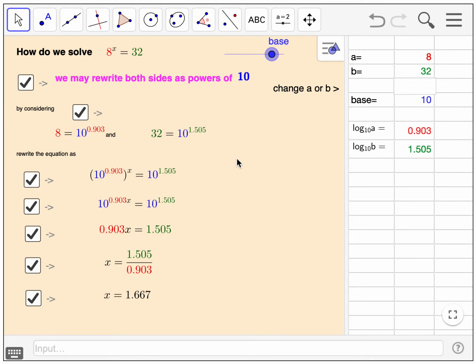If you revise the same process again, it's exactly the same thing. Particularly, this line here tells you what we really need is this relation: x times the logarithm of x equals the logarithm of 32. And that's why you have this calculation.